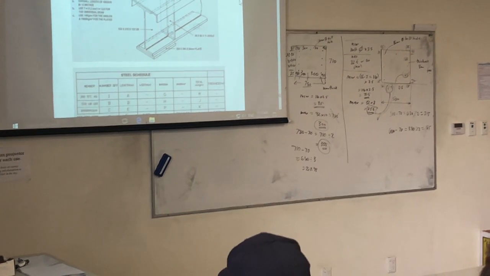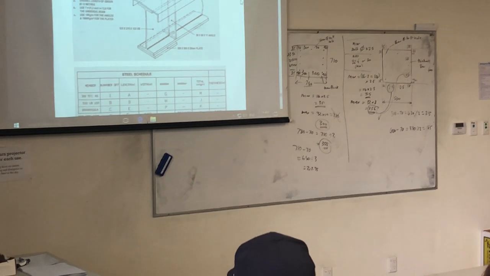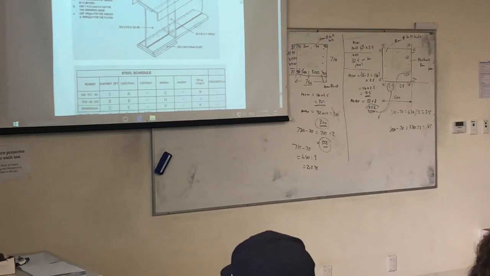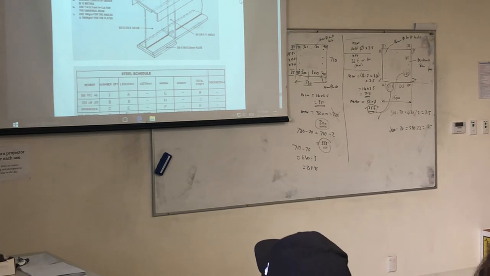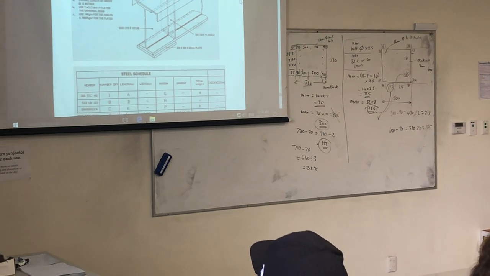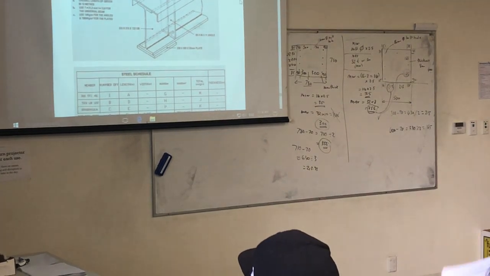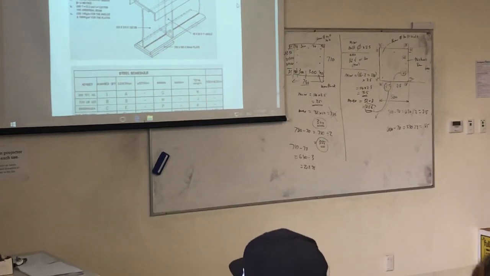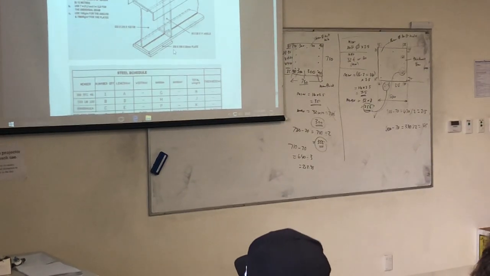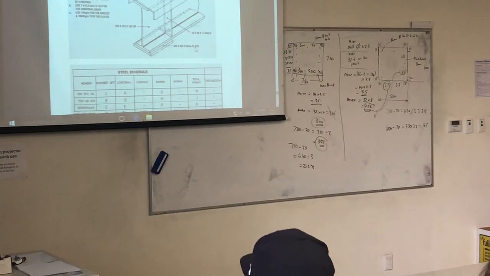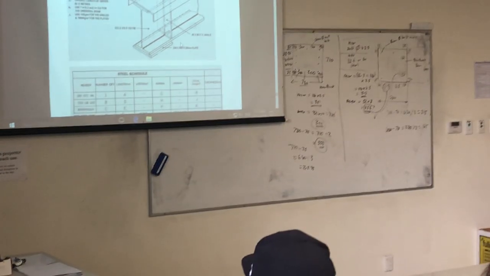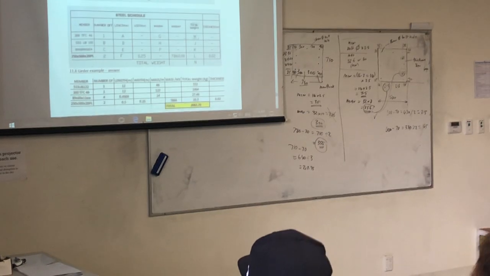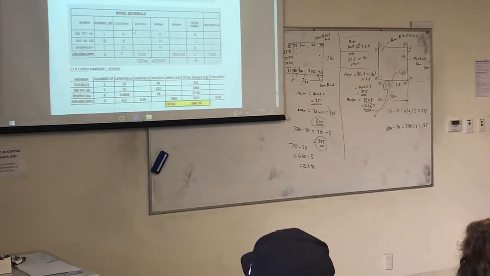The next one's the girder, which had a lot of people a little bit confused. If you understood this, the assignment steel was quite simple. If you were confused by this, it became a little bit more difficult. What happens here is that the plates are called up in millimetres, but the schedule is always in metres.